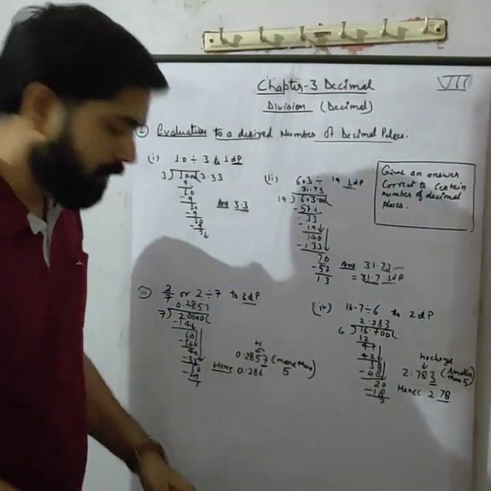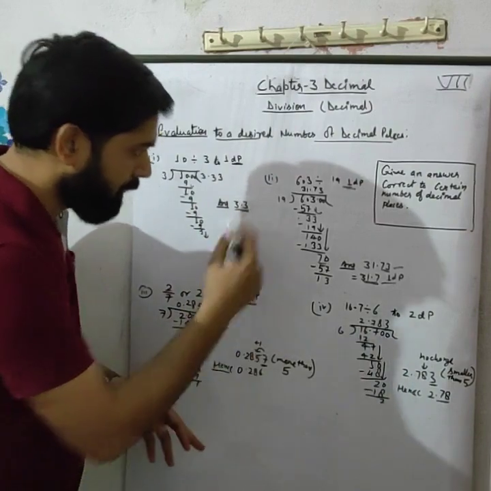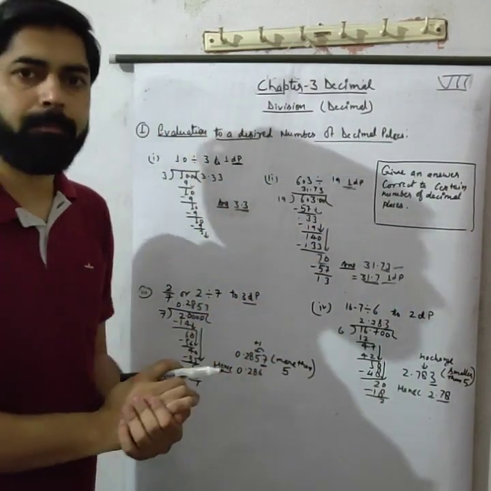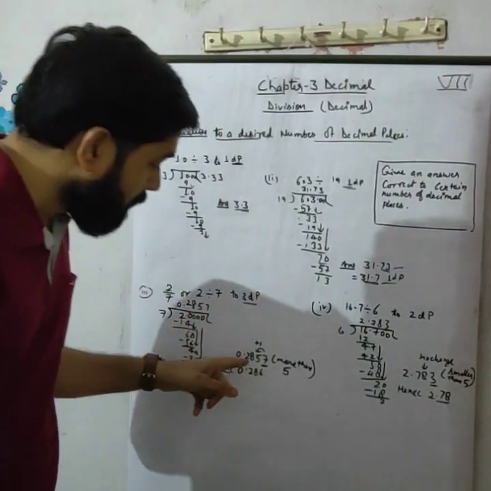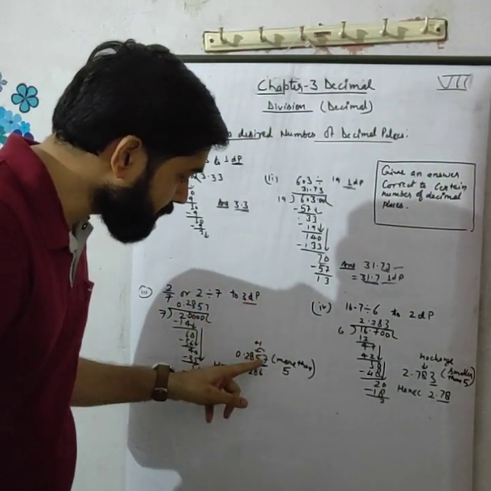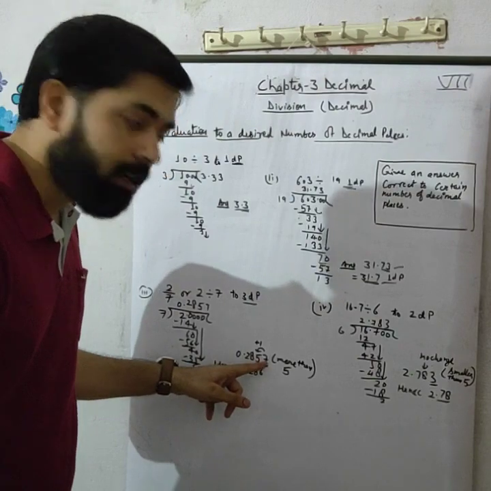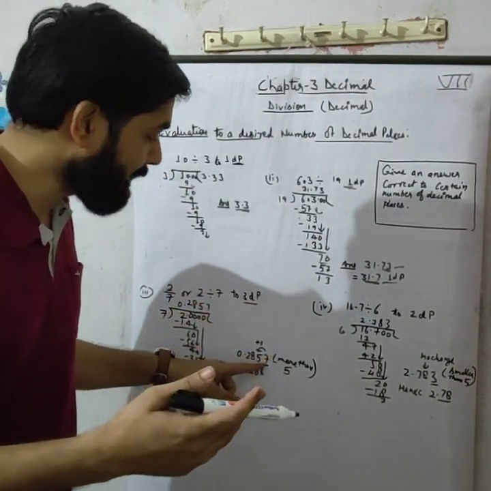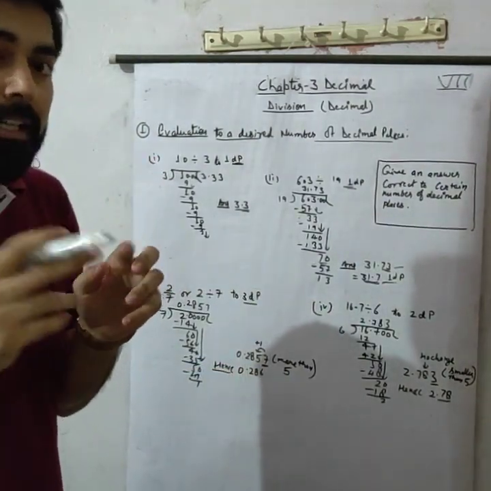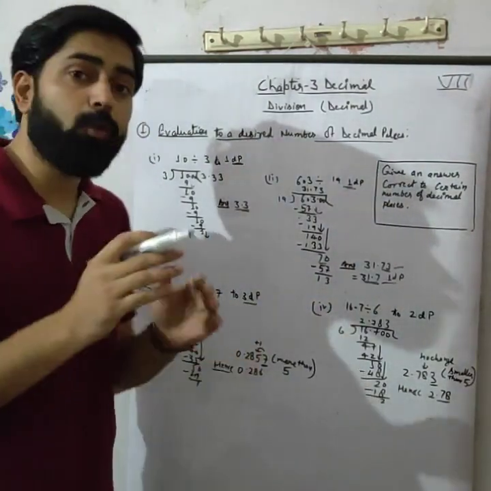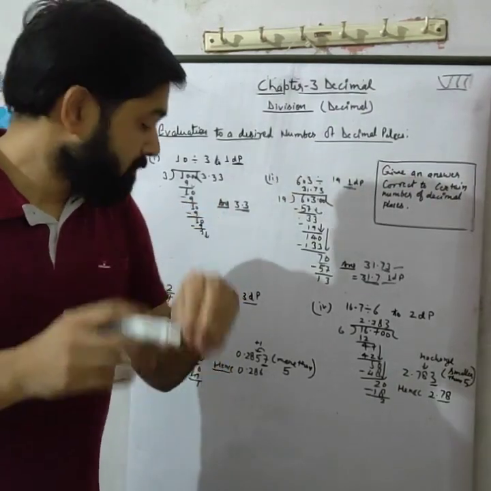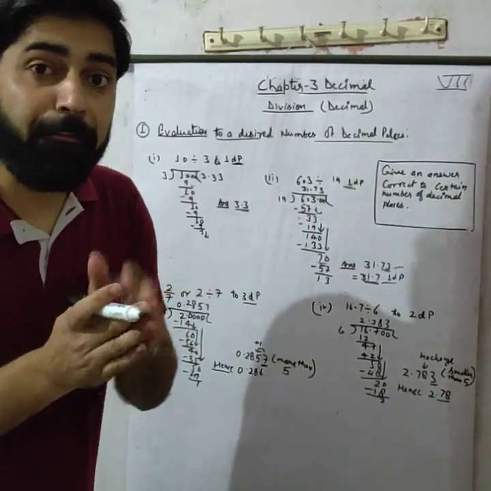Now listen, this one is 0.2857. The question is in 3 decimal places, so just observe the 4th decimal place. What is the 4th decimal place number? 7. Here we apply the nearest or estimated rule. What is there? 5.